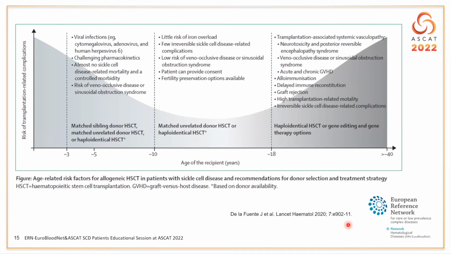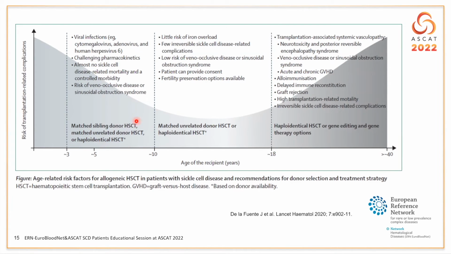We have the possibility to perform the transplant from a matched sibling donor, and this is the most conventional transplant, and in my view, this type of transplant should be performed very early, if possible, within 5 years of age of the patient, and certainly before 10 years of age, because in very young children, this is the approach that gives the best probability of success, more than 95%.